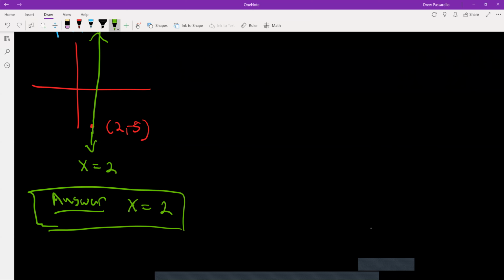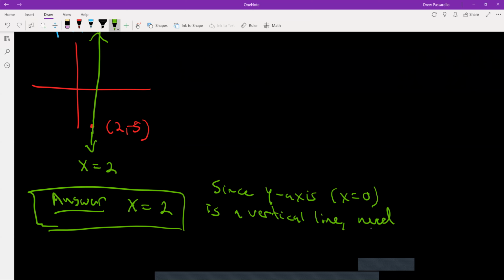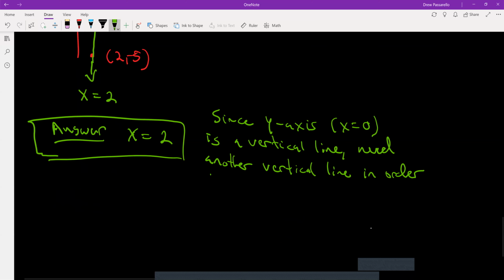It is the vertical line that is parallel to the y-axis, since the y-axis is a vertical line. And that vertical line was x equals 2.